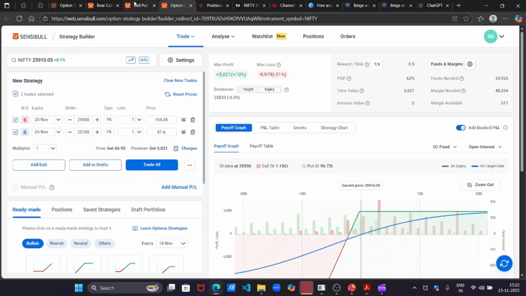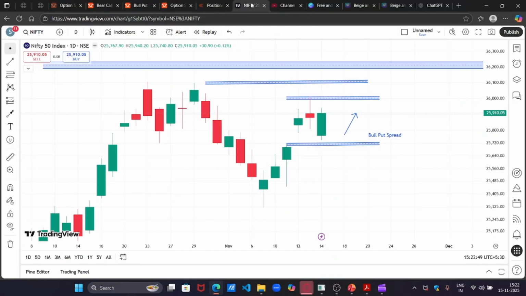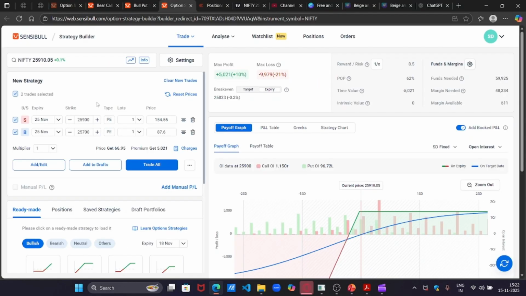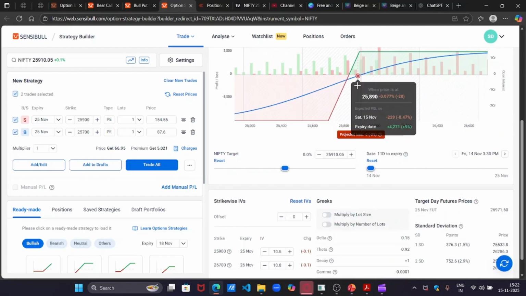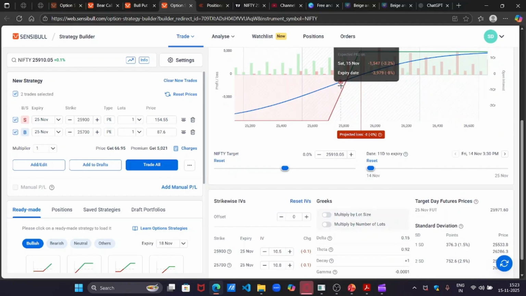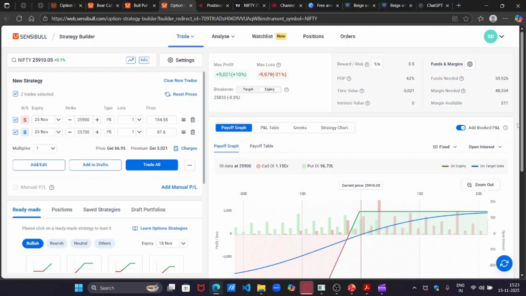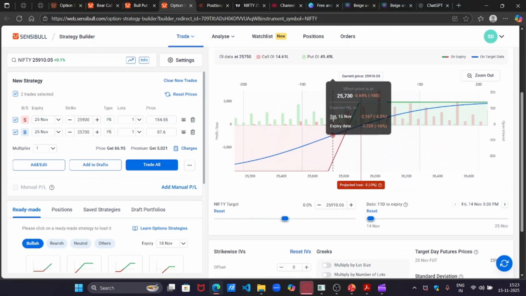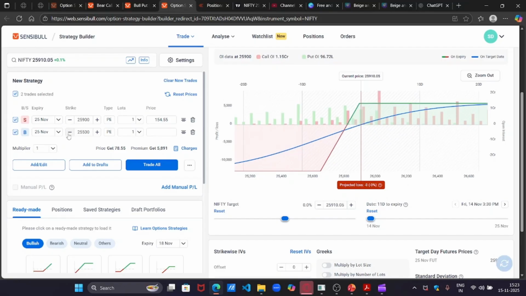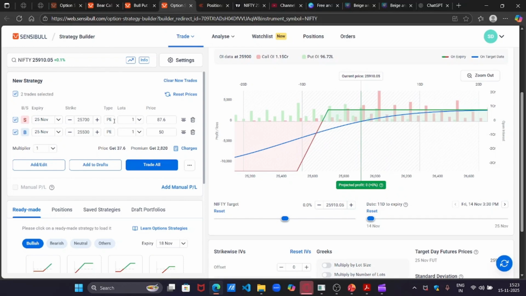Since we are saying that the market will stay above this, but the automated strategy which Sensible gives me is for at the money. So if the market comes at 25,700, I'll be in loss. If you see here, 25,700, I'll be in loss. So what I have to do is, I have to go out of the money. Out of the money in the sense, I have to come here, 25,700 I have to sell.